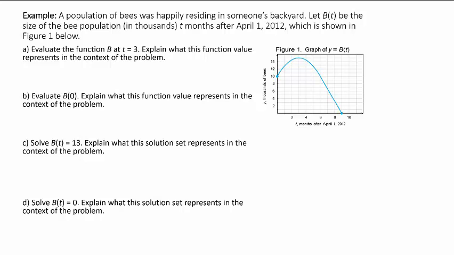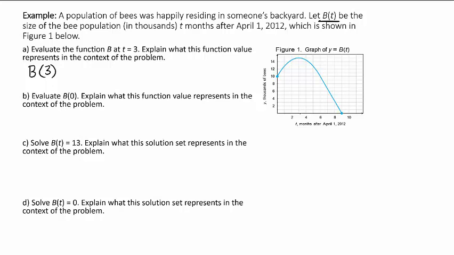Okay, so when it says evaluate the function b at t equal 3, remember that we have b of t versus b of x or something else. So what is it really asking us for? It's asking us for b of 3, right? Since t is the input. Okay, so if we have an input of 3, that generally is associated with the horizontal axis or the x-axis.